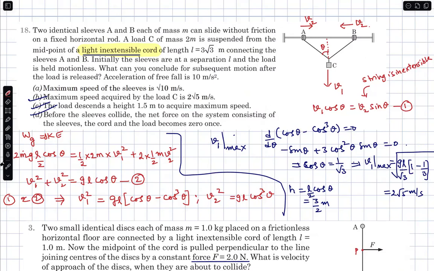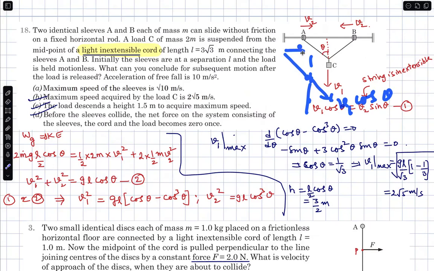You release it from there. Slowly, it comes down. Right. At an instant, I'm just showing you here, when the velocity here is V1 and both are moving with V2, say this makes an angle theta. Remember, take this part of the rope. So this end will have V1 cos theta component.